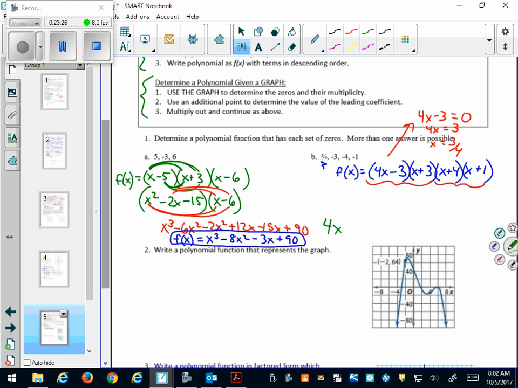Your final answer comes out to this. But you should practice multiplying that out yourself, okay, just to make sure you get the right answer there.